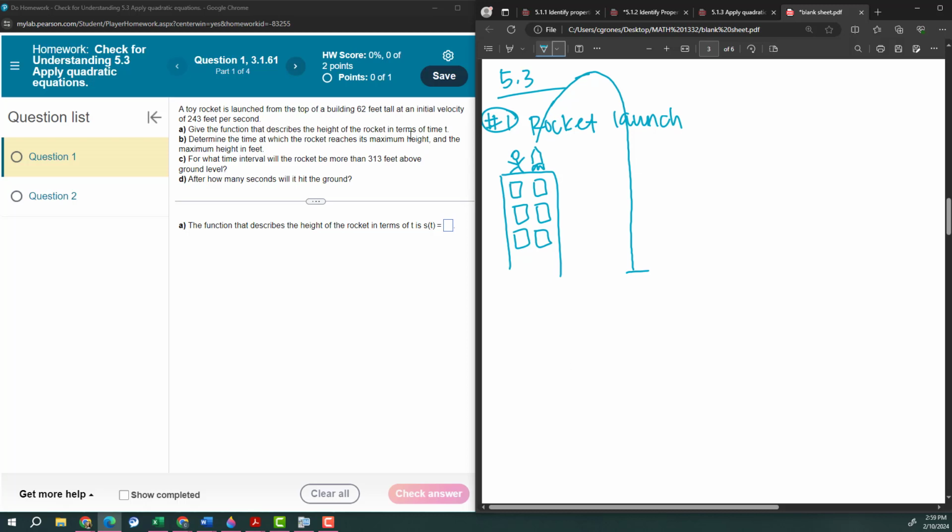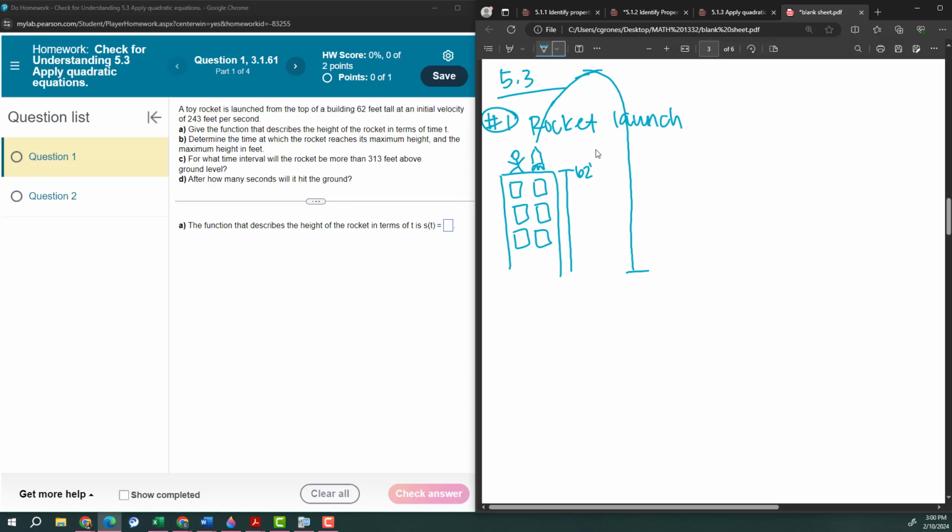So there are 4 different pieces to this question. Part A says we want to give the function that describes the height of the rocket. So it tells us that our building is 62 feet tall.